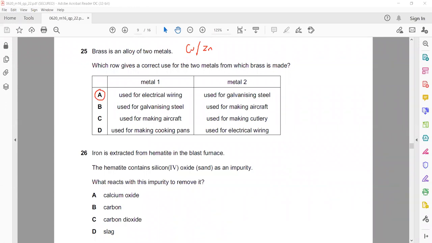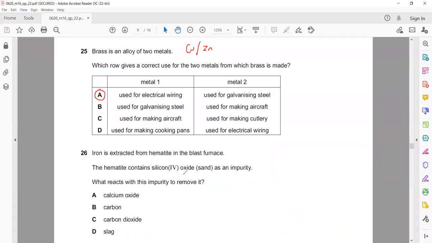Question 26. Iron is extracted from hematite in a blast furnace.